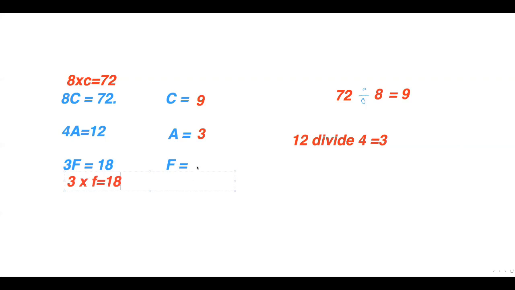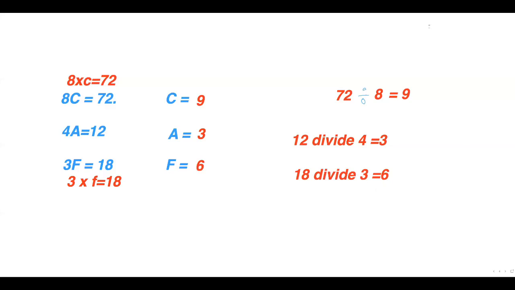So we want to know what f is. So what we are going to do is the opposite. So we've got 18 divided by 3. Okay. 18 divided by 3, which is 6. Well done. Okay, so f equals 6.